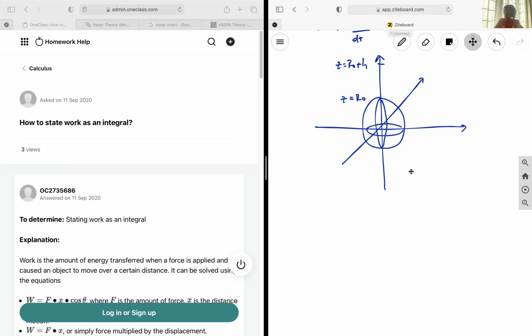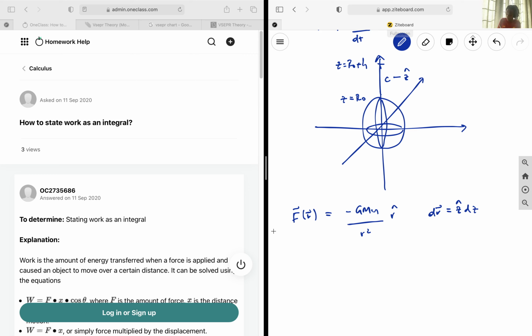And so we know that the force that we will be facing here in terms of r is going to be negative GMm over r squared multiplied by r hat. Next up, we know that the path is going to be along C, and C is a straight line that is along the z-axis. And so what we can do is set dr equal to z hat dz.